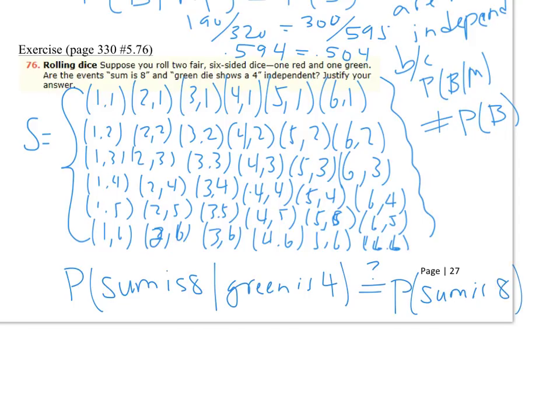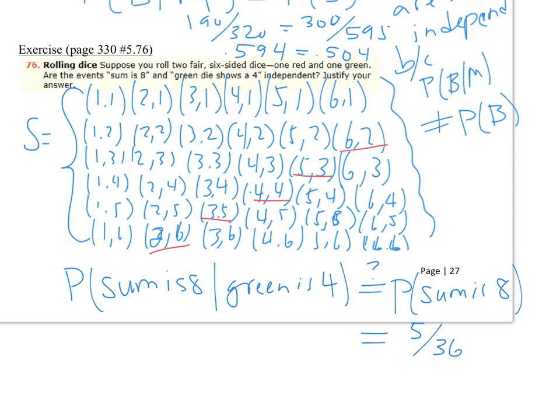We have to go in and find all the locations where the sum is 8. And that would happen in the ordered pairs 2, 6, 3, 5, 4, 4, 5, 3, 6, 2. So if we just look at the right-hand side here, I see a 5 out of 36 chance that the sum is 8.